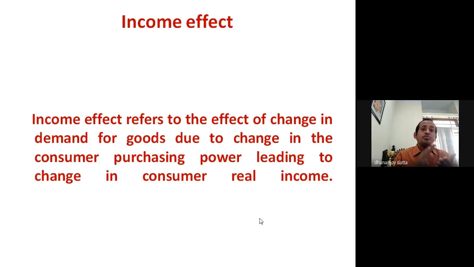When the price of product B reduced to 8, the purchasing power of money increases. Earlier, to purchase a product, the customer needed to pay rupees 12. Now the customer needs to pay rupees 8. So with this lower price, the customer will be able to purchase more of product B. This is basically the income effect.